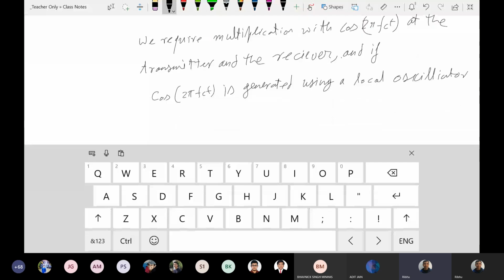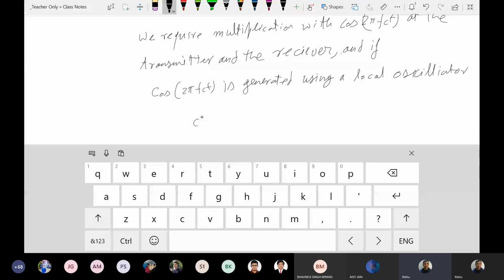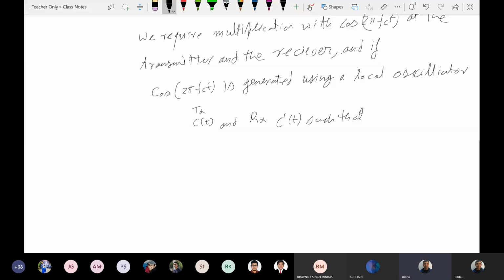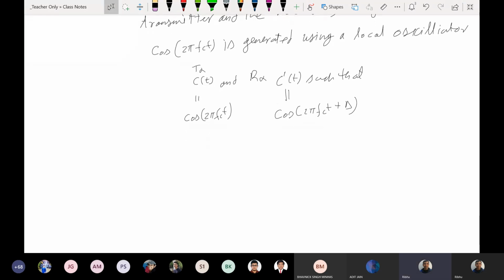Let's say that the transmitter oscillator generates c(t), and the receiver generates c'(t), such that c(t) equals cos 2πfct and c'(t) equals cos (2πfct plus delta).